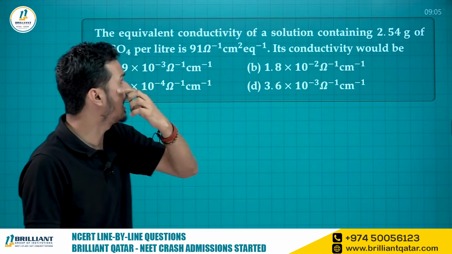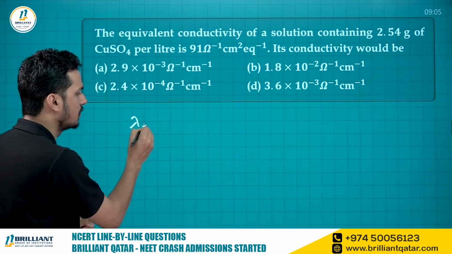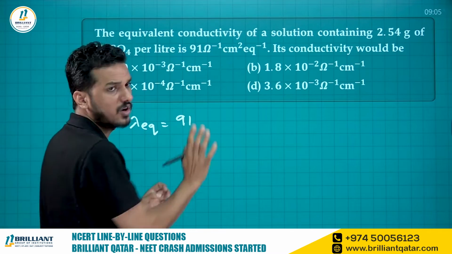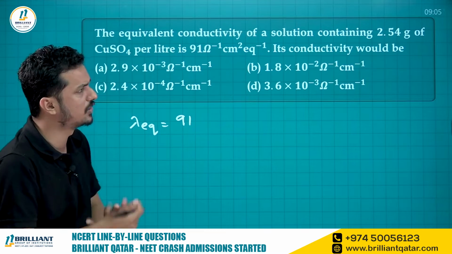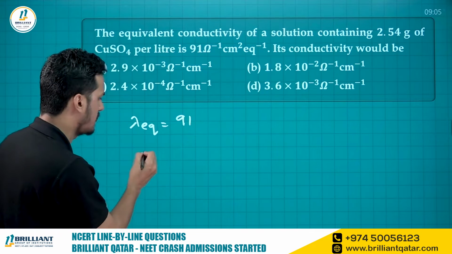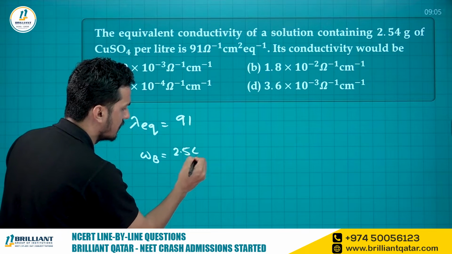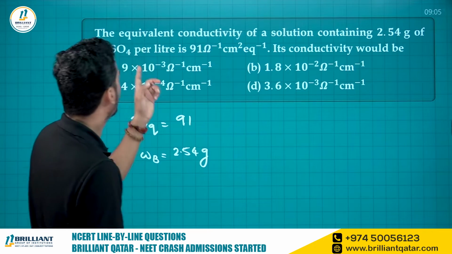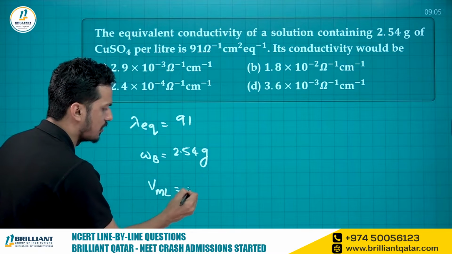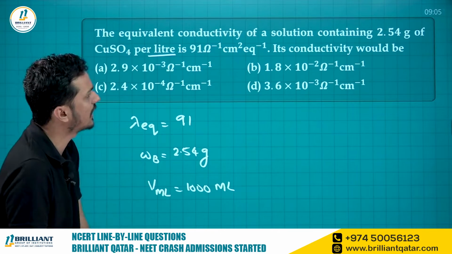So they have given the equivalent conductivity, lambda EQ, as 91 ohm inverse centimeter square equivalent inverse, and the given mass of copper sulfate, WB, equal to 2.54 gram per liter. Per liter means the volume is 1000 ml.